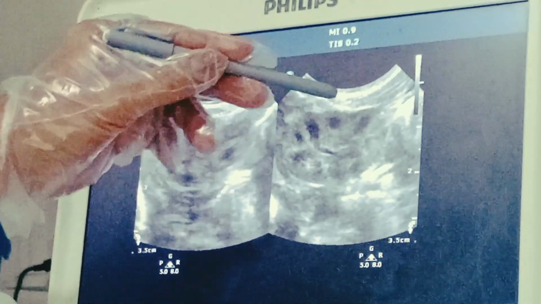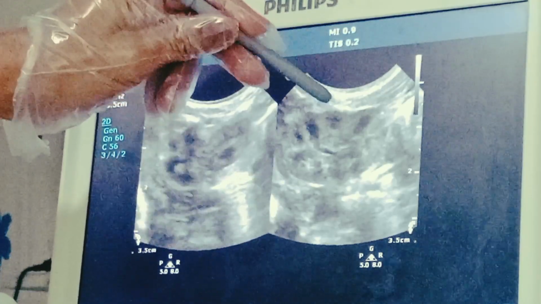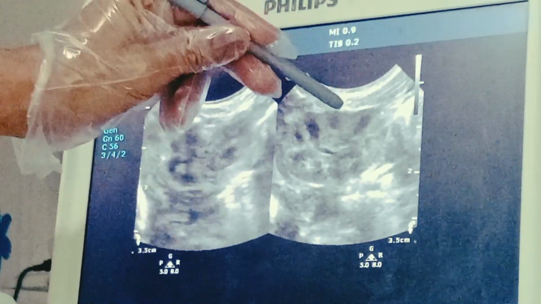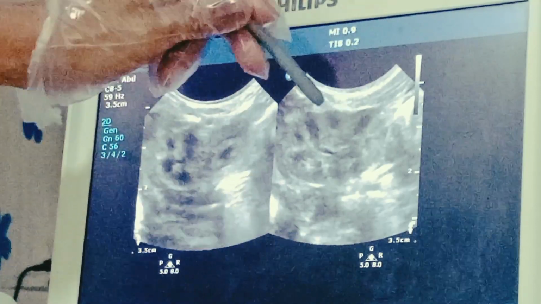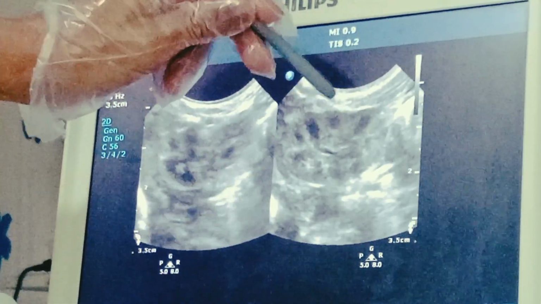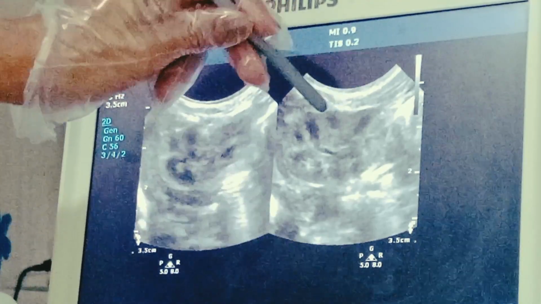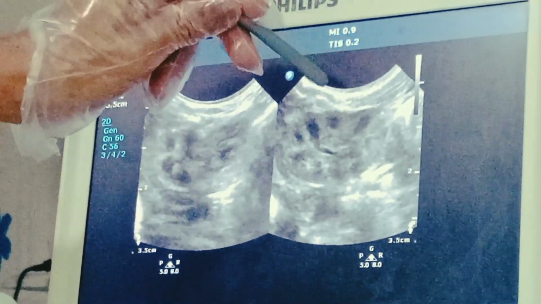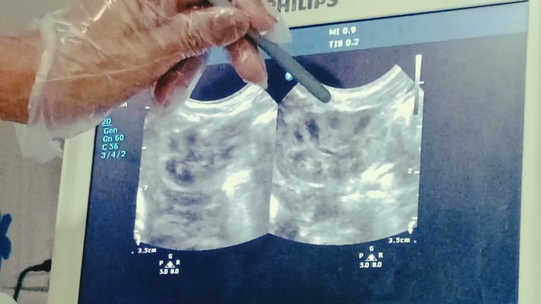In newborns, the echogenicity of the cortex is almost equal to the liver, a little bit hyperechoic, because the tuft of glomerulus is present in the cortex. 20% of the loops of Henle are present in the cortical area, and that gives the echogenicity of the cortex.